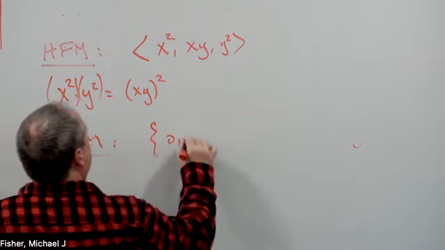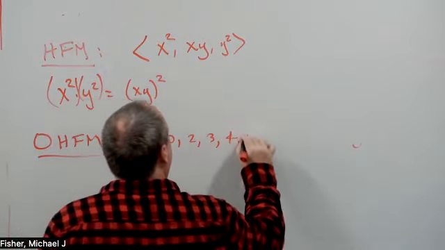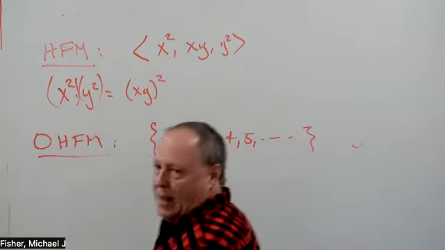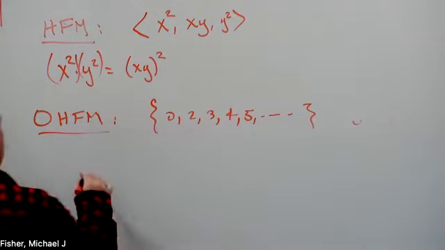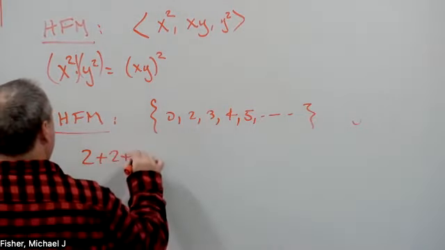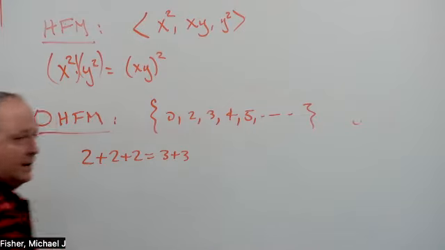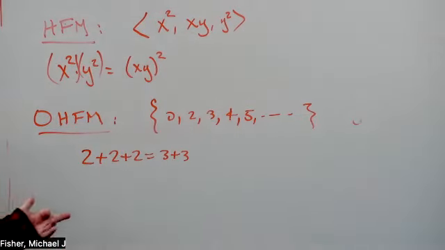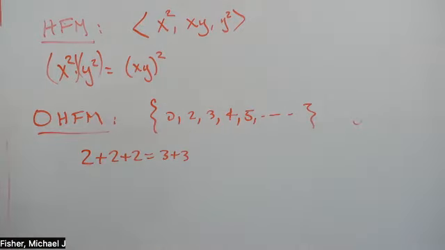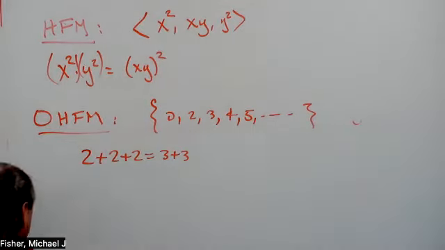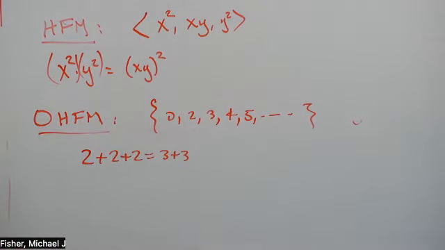If you look at this monoid, which we saw earlier, this is another half. Notice that this is not a half factorial monoid because 2 plus 2 plus 2 is 3 plus 3. We saw that earlier. So notice 6 has 3 factors this way and 2 factors that way, if you think of it additively. However, if you have 2 factorizations of the same length, so suppose you have 2 factorizations of the same element.